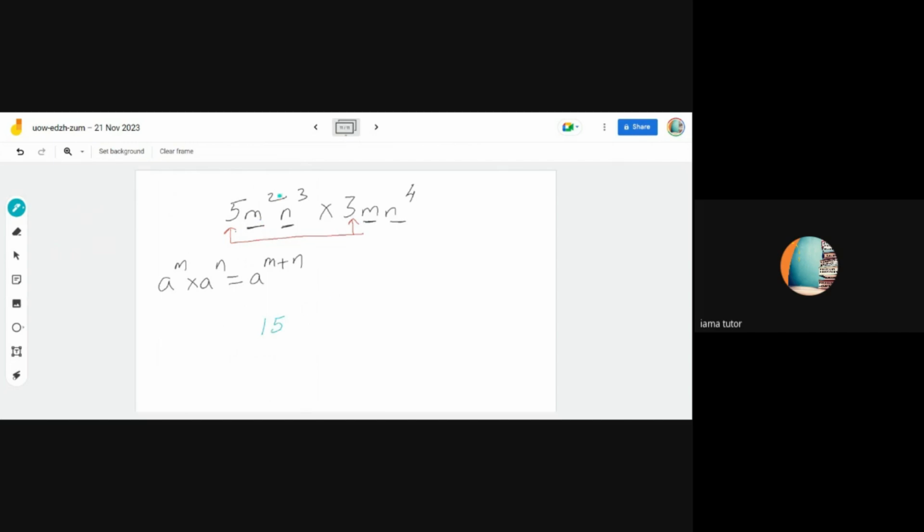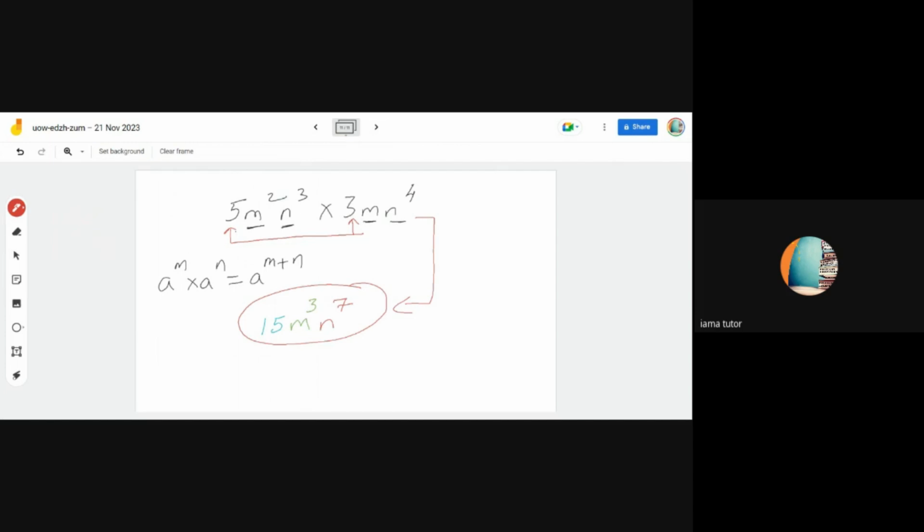Now m squared times m will be m raised to 2 plus 1, which is 3, and n cubed times n to the 4 means n raised to power 3 plus 4, which is 7. This is the final answer for this question, right? All right, perfect, very good.